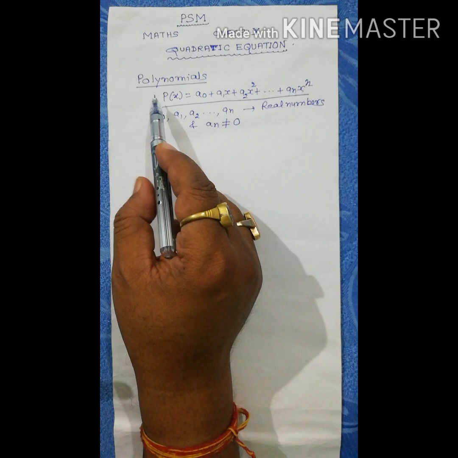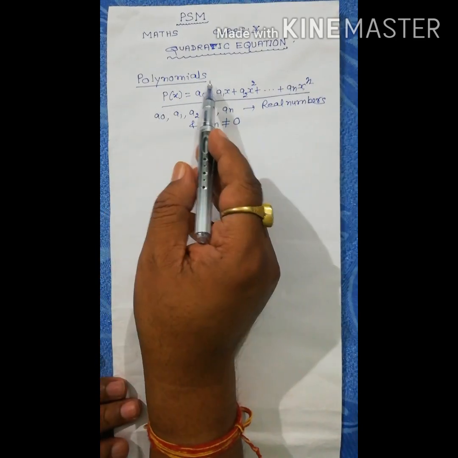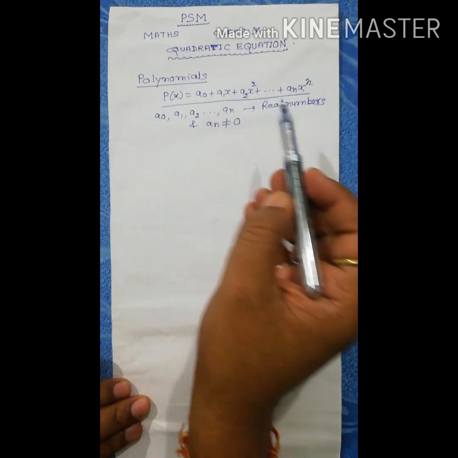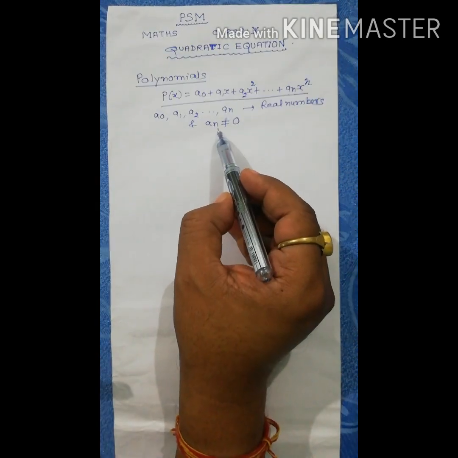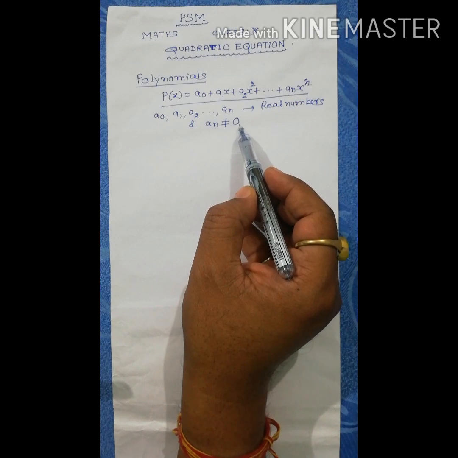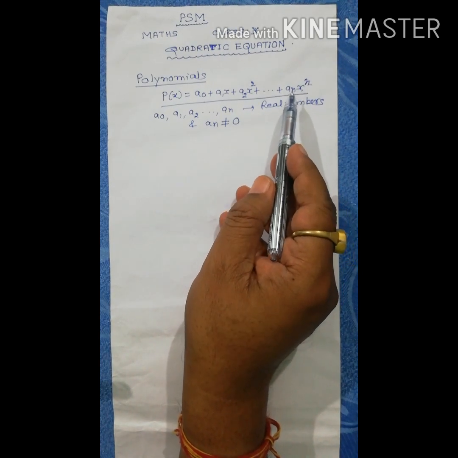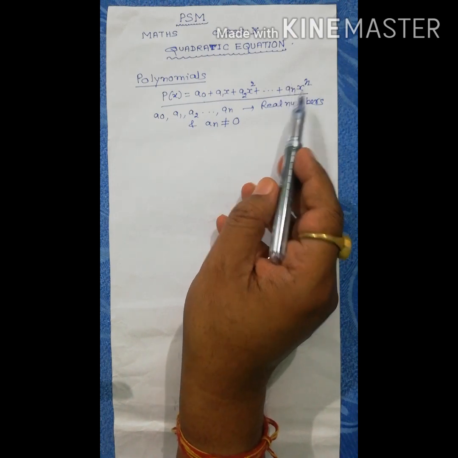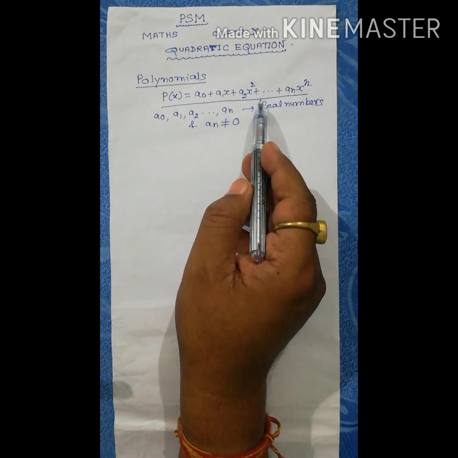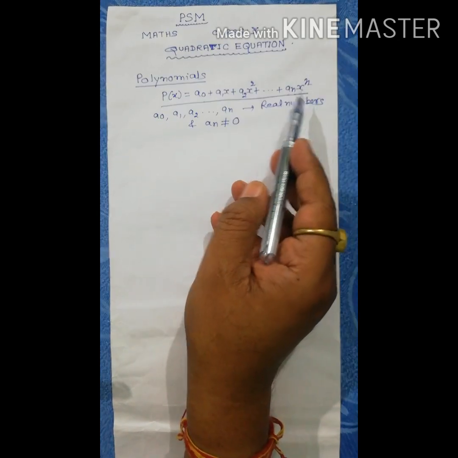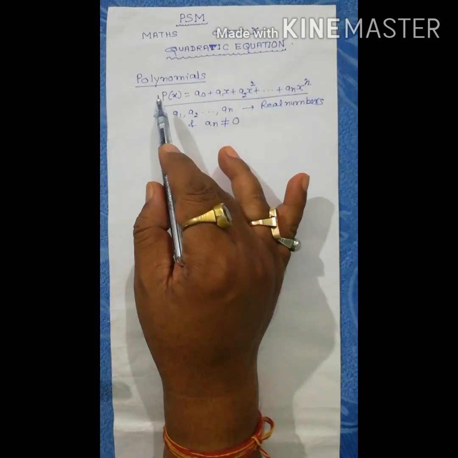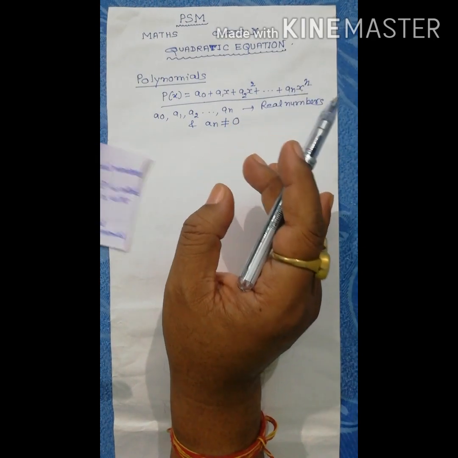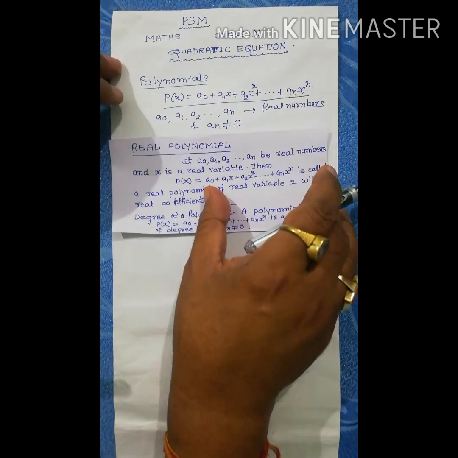If we discuss a real polynomial, then a0, a1, a2, a3, ..., an are real numbers, and an is not equal to 0, and x should be a real variable. X should be a real variable, meaning the value of x should be a real number, then it will be a real polynomial. So we can define a real polynomial like this.